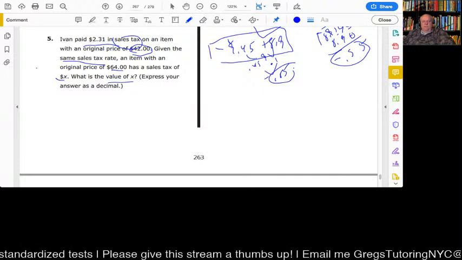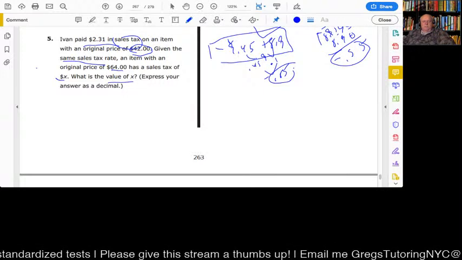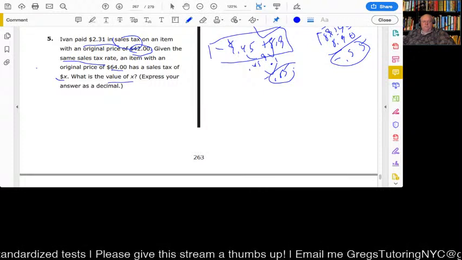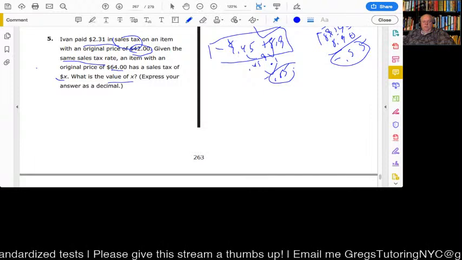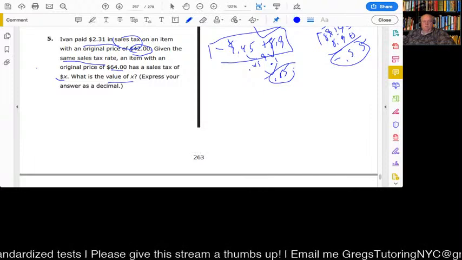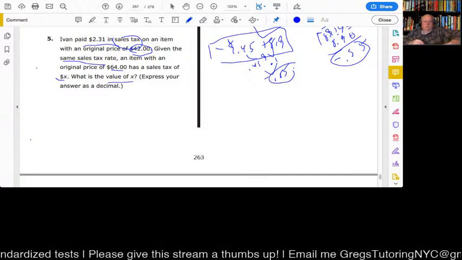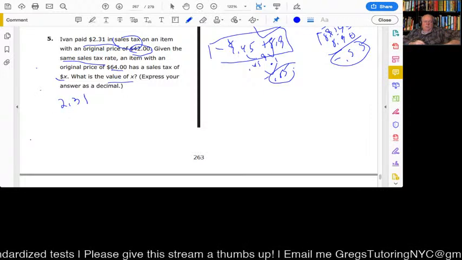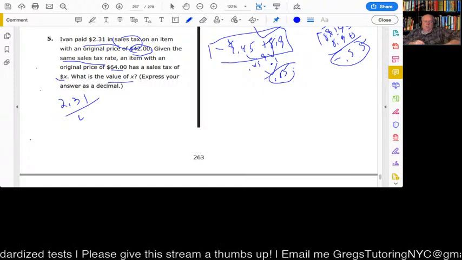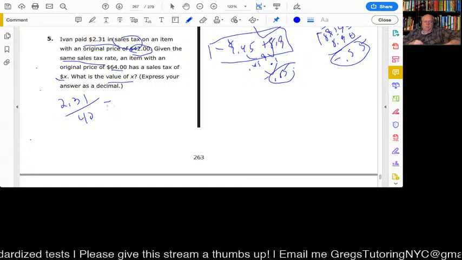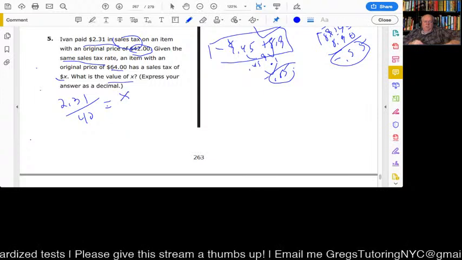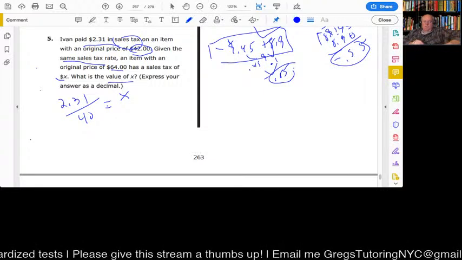So anybody have any ideas about that? Well, we can just set up a plain Jane proportion. 2.31, that's our tax, is to the actual full price equals, okay, and we don't know what the tax is going to be in this case.